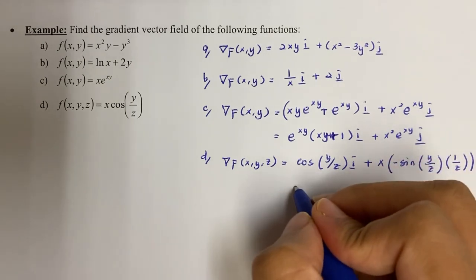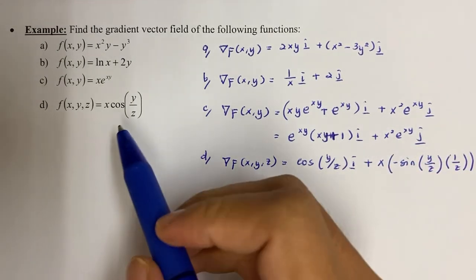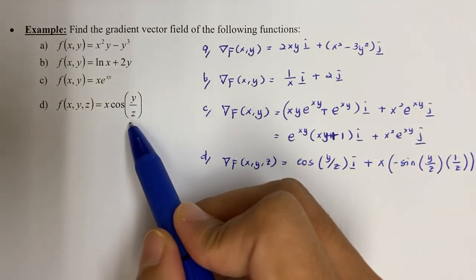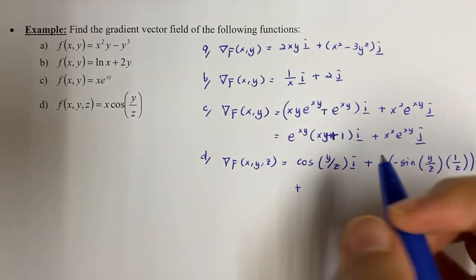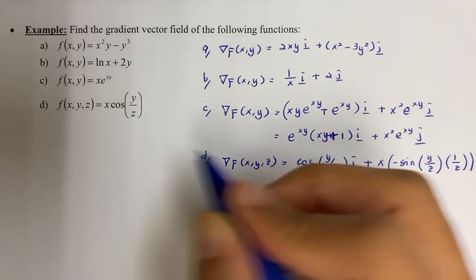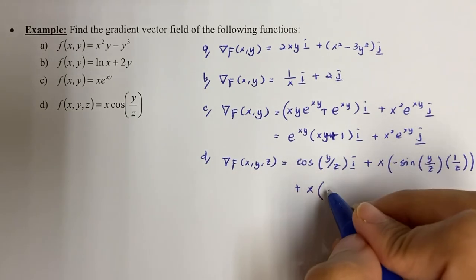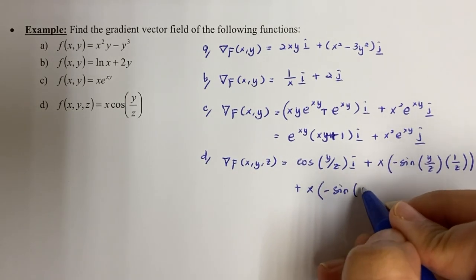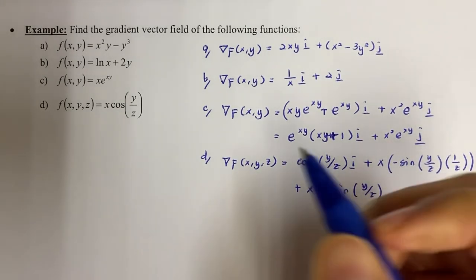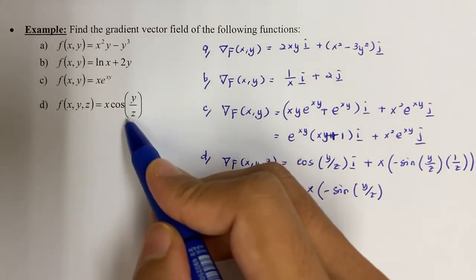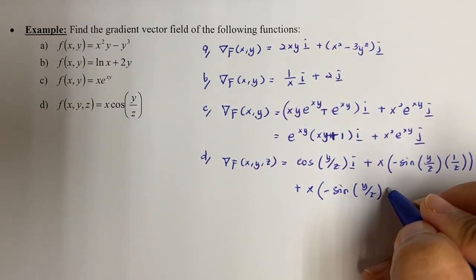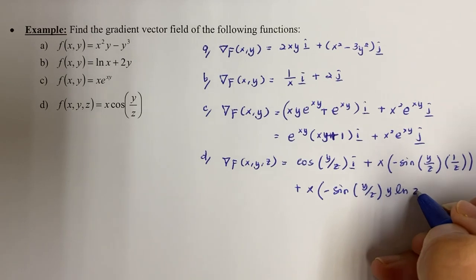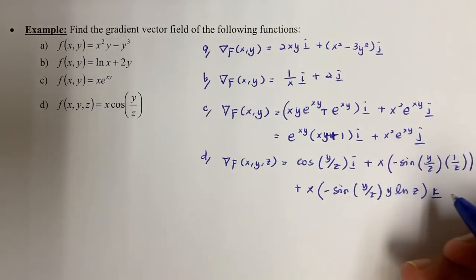And for k, differentiate f with respect to z. So you have x times negative sin(y/z), and then differentiate y over z, 1 over z is ln z, y ln z for k.